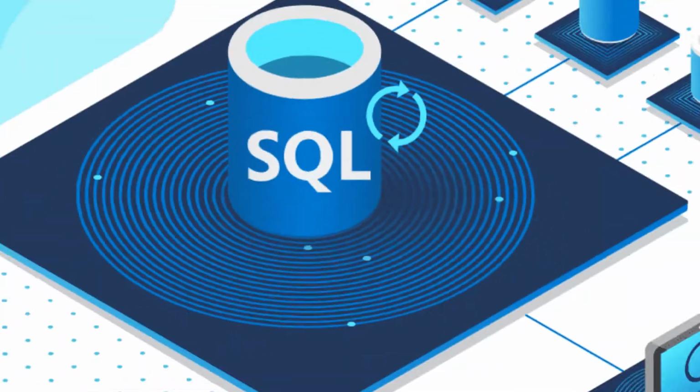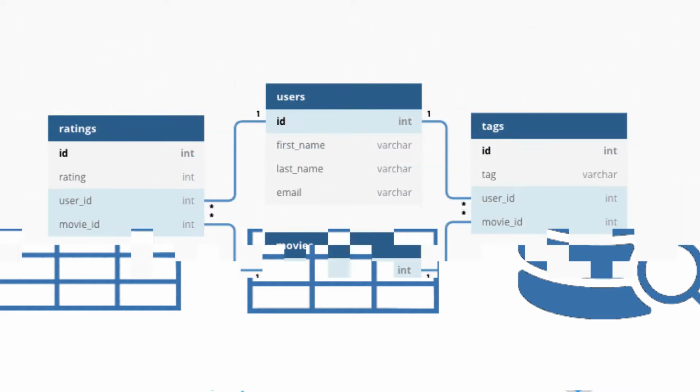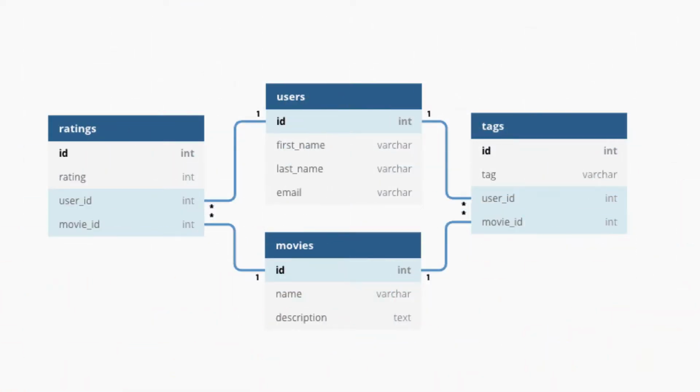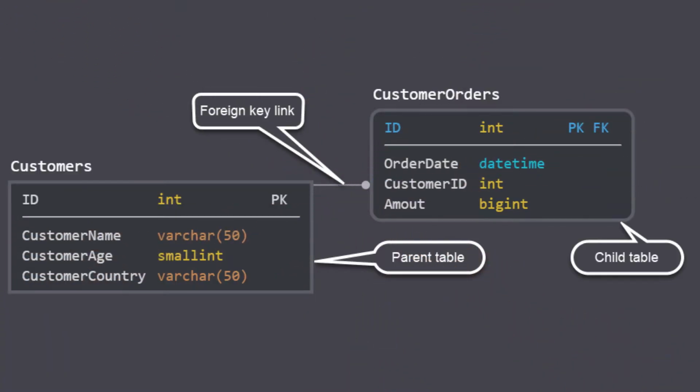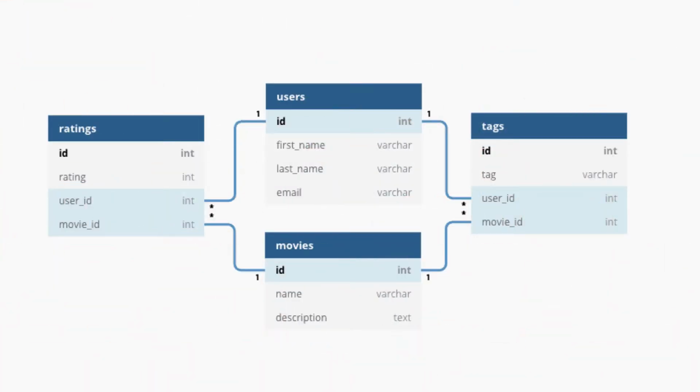You can see the tables linked with other tables through a foreign key and a primary key. When it is linked with a different table, we say there is a relationship between the two: one to many, many to one, many to many. We have heard about those things.